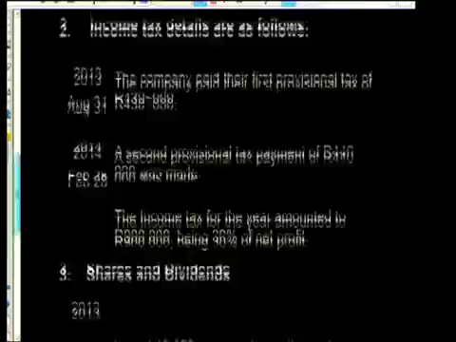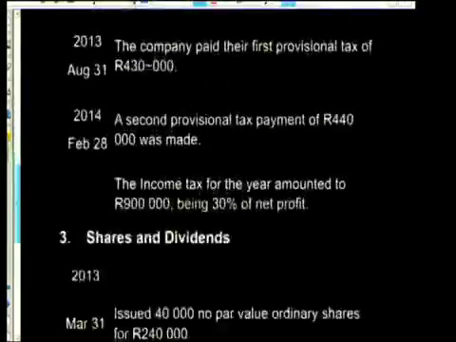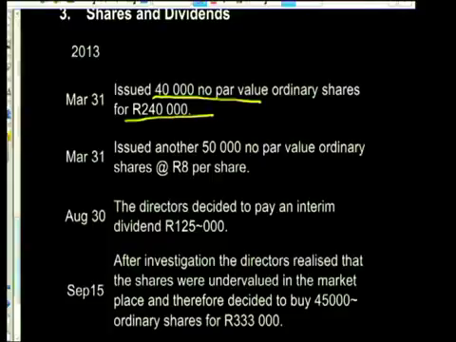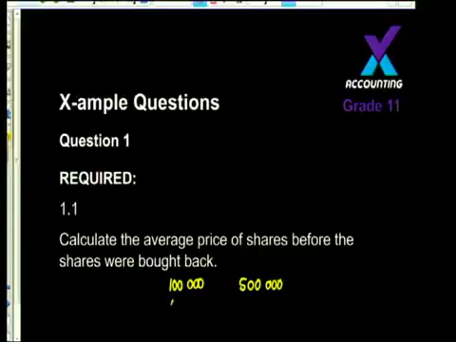Information regarding our shares. Let's see what information we have. We issued 40,000 no par value shares for an amount of 240,000. Okay, so let's include that now. So we had 40,000 shares and these were valued at 240,000 Rand.